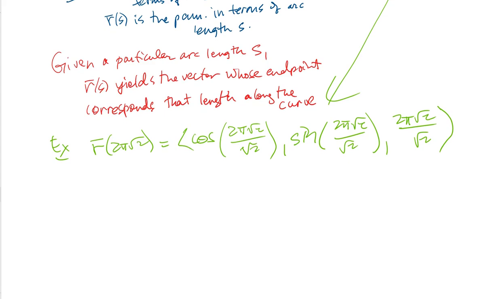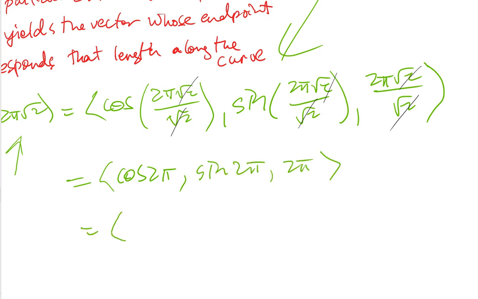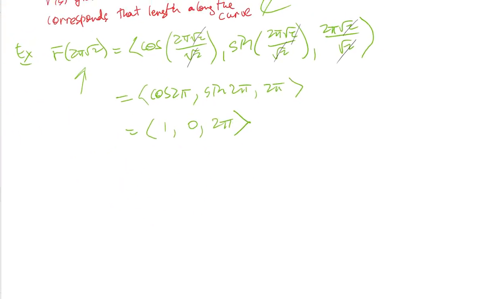So this is the parameterization in terms of arc length, and we're looking at what point we will be at 2 pi root 2 along the curve. Well, the root 2's all cancel, and so we're left with cosine of 2 pi, sine of 2 pi, and then 2 pi. In other words, 1, 0, and then 2 pi. Well, that's just exactly where we were before.